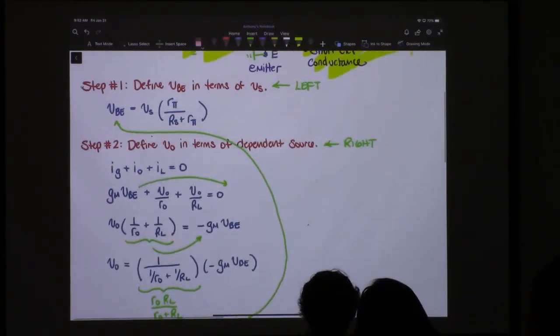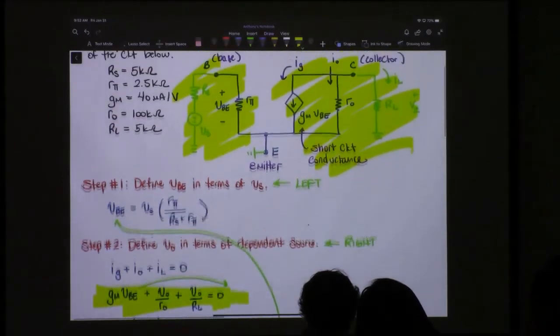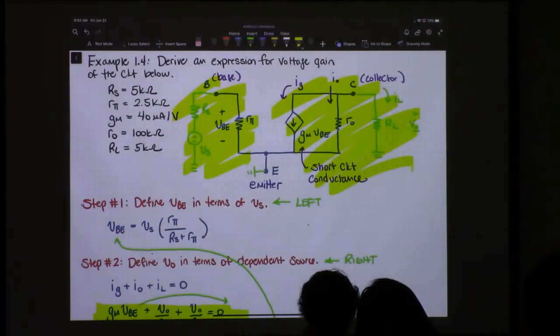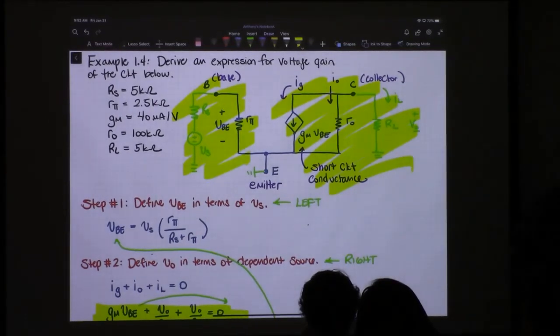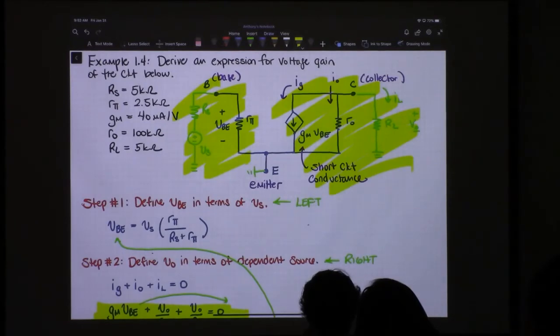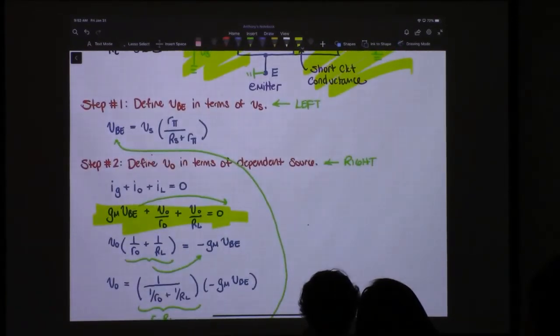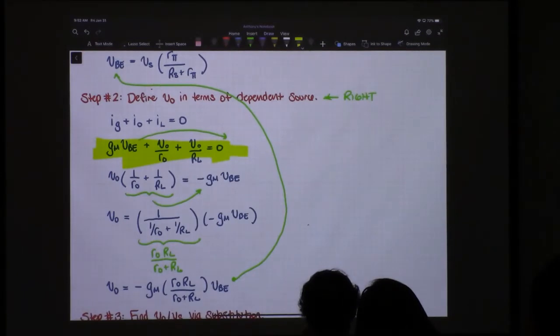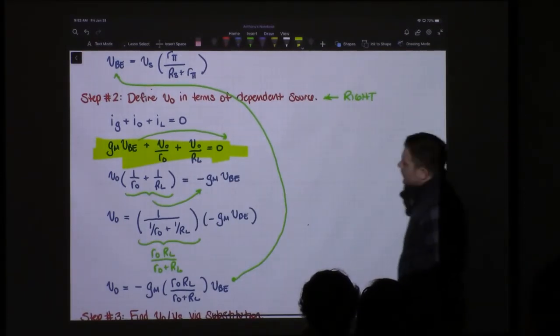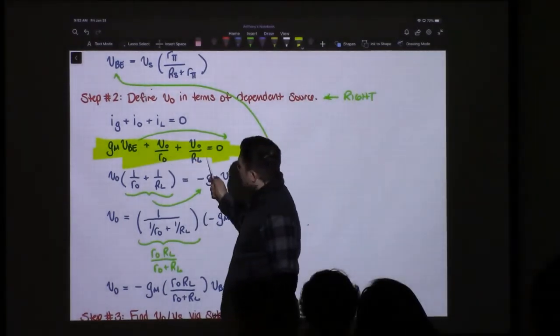Okay, so we're here at this point in the notes. We made the first two substitutions. The third substitution is that IL will be equal to VO divided by RL, so we put that in down there. And what we're going to do is take these terms and collect them together.